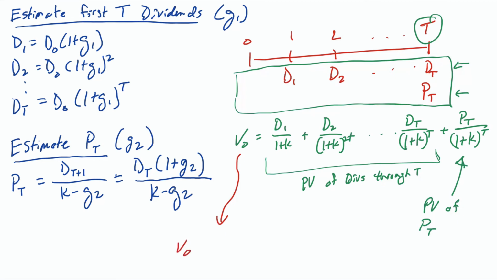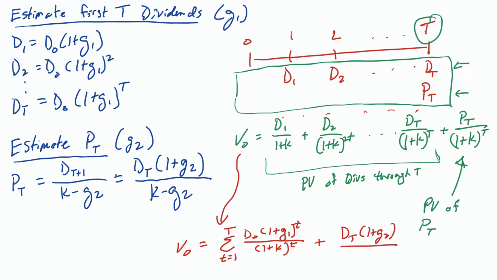It says the value is equal to the sum of the present values from 1 to t of these first dividends, so this is again just the summation notation for the dividends from time 1 all the way to time t, plus this term D_t times 1 plus g2 divided by k minus g2, divided by 1 plus k raised to the t power.